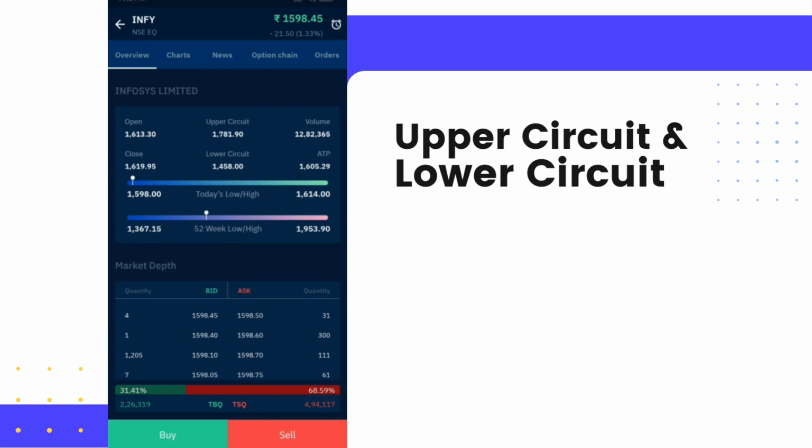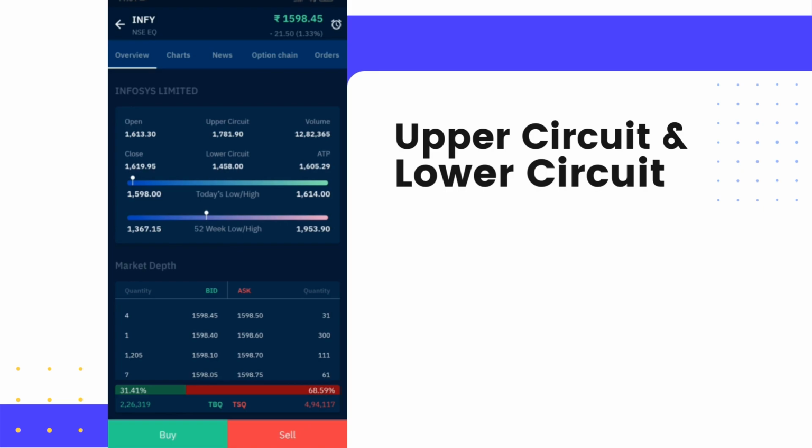Now here you can see the opening price is 1613.30. It's written open. That is the opening price for today. Today, Friday, when I'm recording this video, at 9:15 the opening price was 1613.30. After that, if the demand for Infosys stock increases, and more and more people are willing to buy the stock, the price is going to increase.